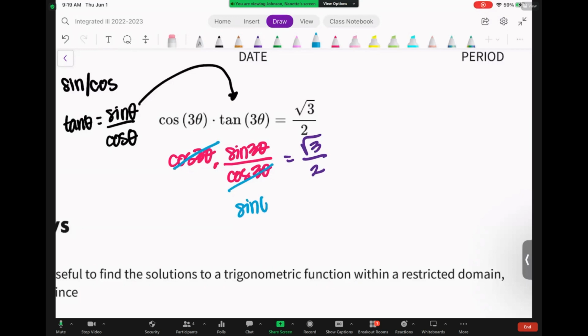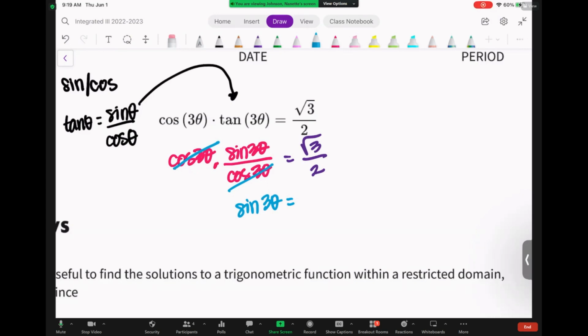Now, in a previous video that I just did, I said something like, you can never divide by a variable. When I say that, I mean when you're solving, you can't just divide out to get rid of something. Does that make sense?